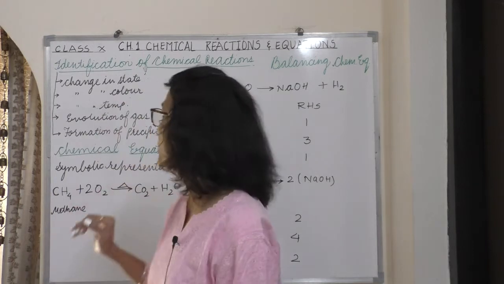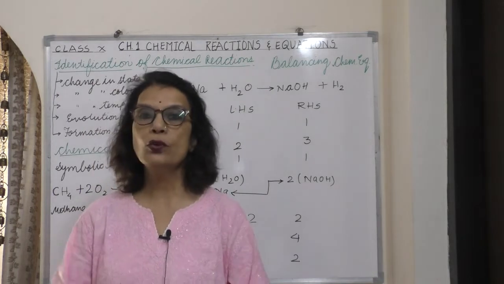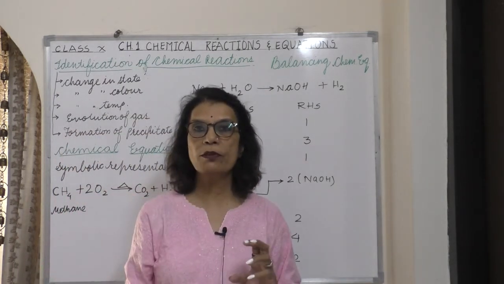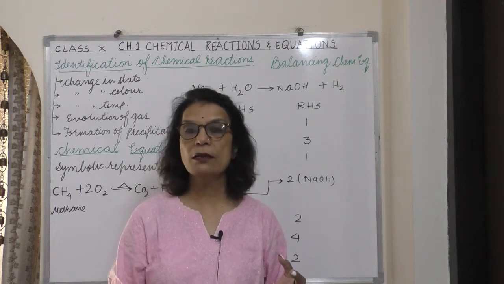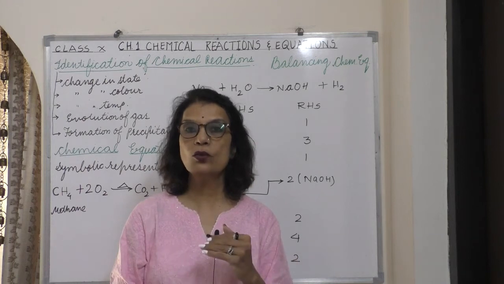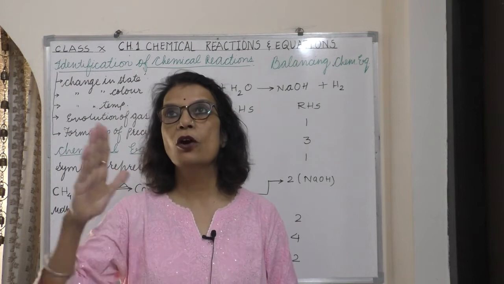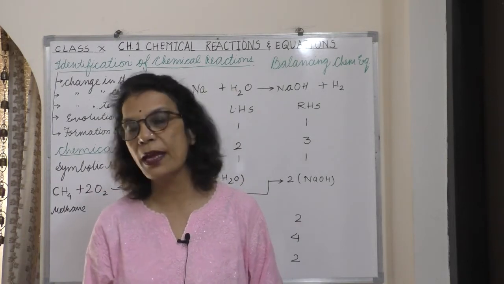Next one I am going to tell you, that one is evolution of gases. Whenever two reactants are reacting with each other and the product we get is a gas, gas is evolving, or the formation of gas is there, that one is known as evolution of gas.